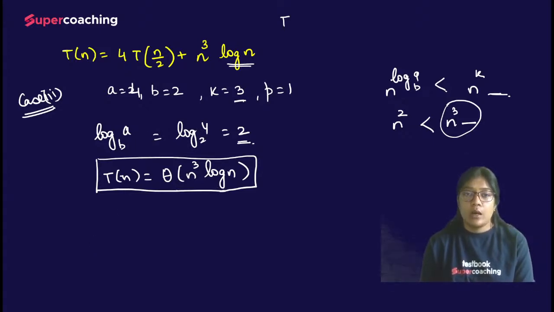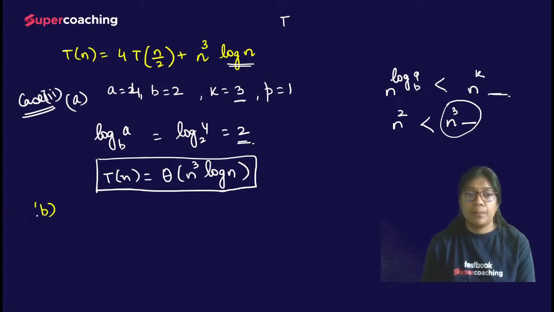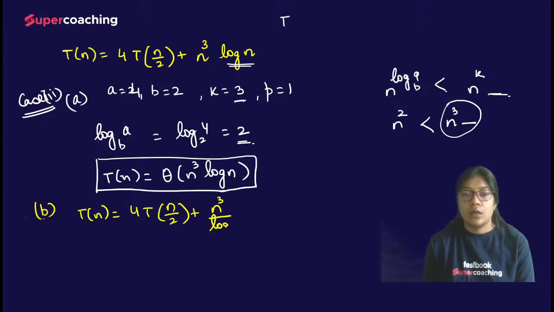Yes? This is when p is greater than or equal to 0. This is part A. Second example related to the same, B. T of n is equal to 4T(n/2) plus n cube by log n.